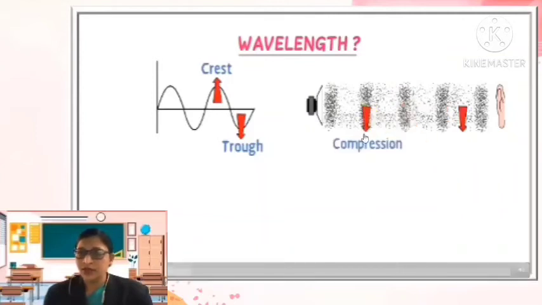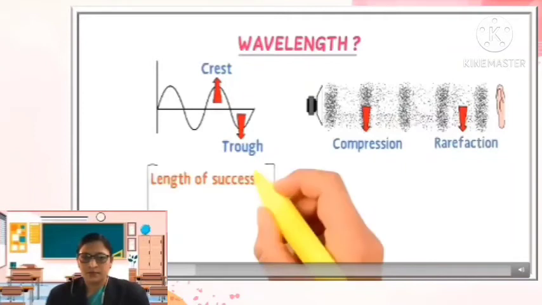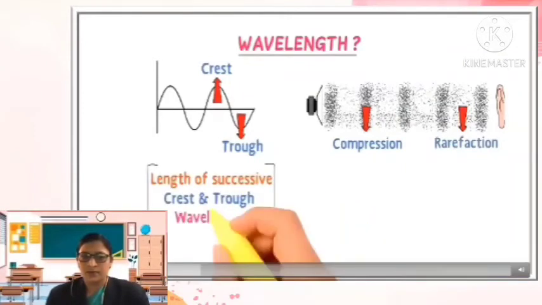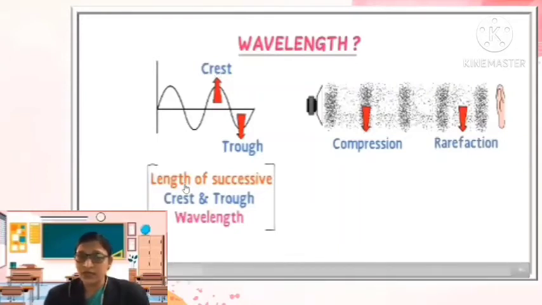Here, the compression and rarefaction. So in this case, we can say the length of a successive crest and trough, this one complete crest and trough, is the wavelength.